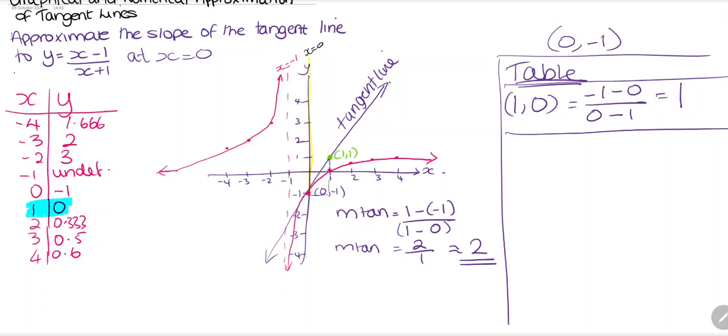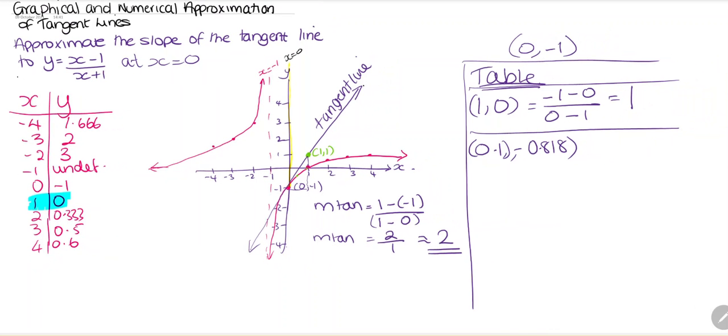So we need to choose something a bit nearer: 0.1 and minus 0.818. Finding the difference between these, we have minus 1 minus 0.818 divided by 0 minus 0.1.